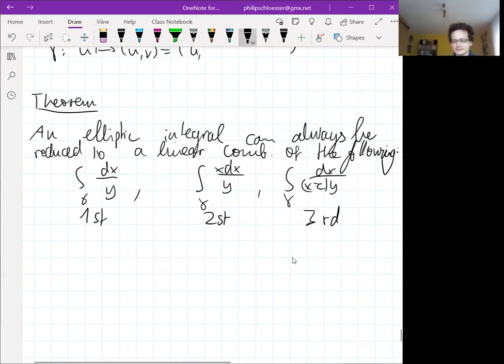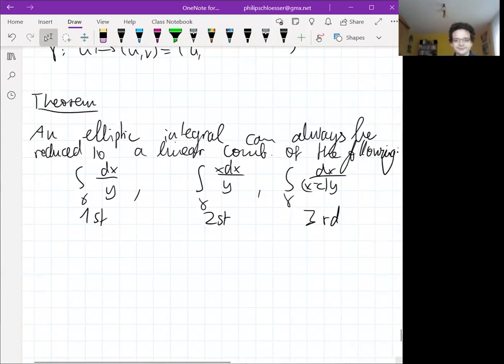But in the end, they reduce everything to different elliptic integrals, but those different elliptic integrals can be turned into those. So I guess the upshot is, if you have those three functions, then you can calculate elliptic integrals.